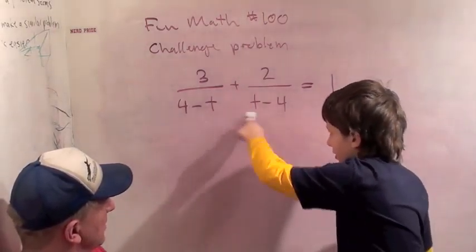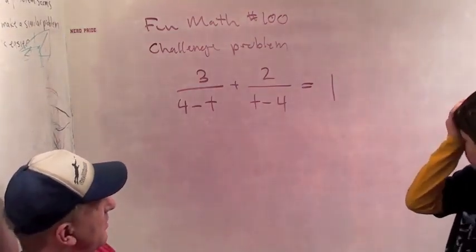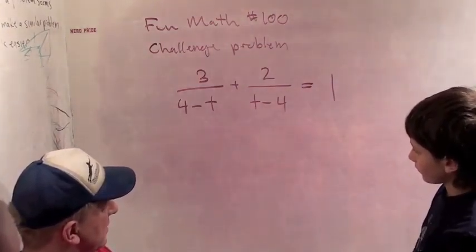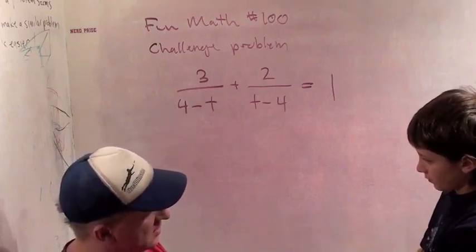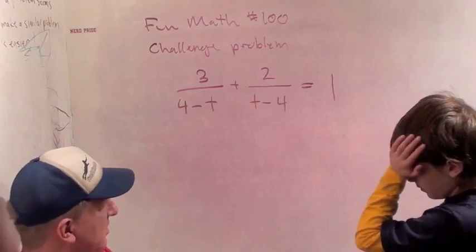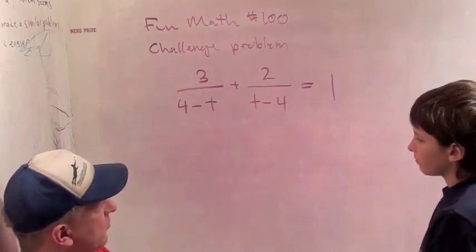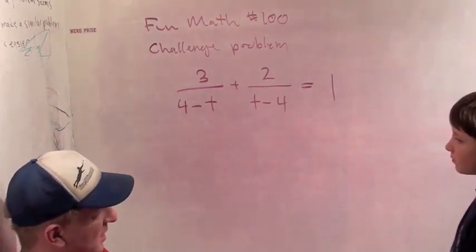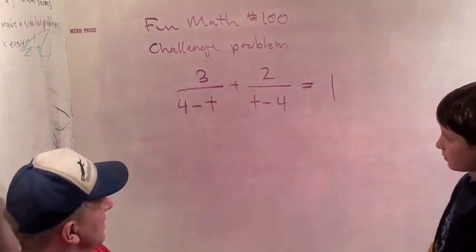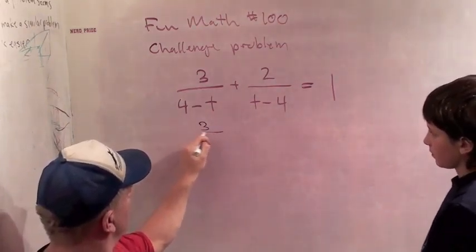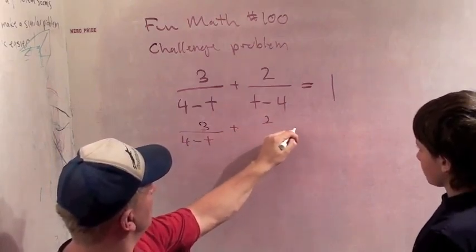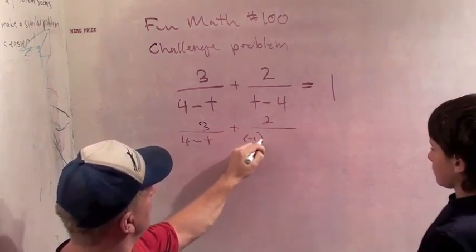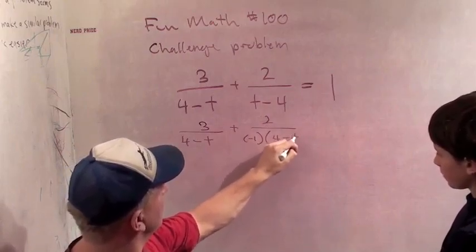We would like to get a common denominator on something like this. But the trick here, and why this is a challenge problem, is to realize that you already have the same denominator. This is 3 over 4 minus t plus 2 over negative 1 times 4 minus t.